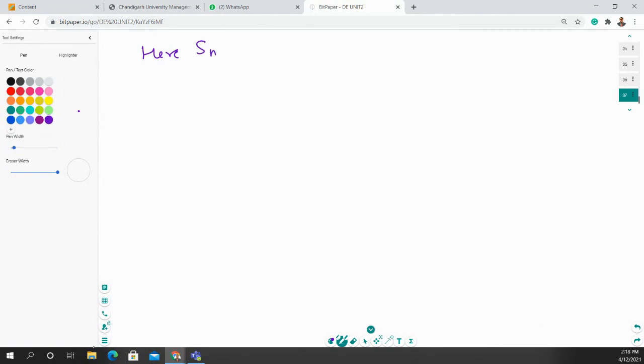Here your Sn and Rn are the two inputs, and Qn is your output. You understood about this? Sn and Rn are taken as inputs, and Qn is taken as the output.